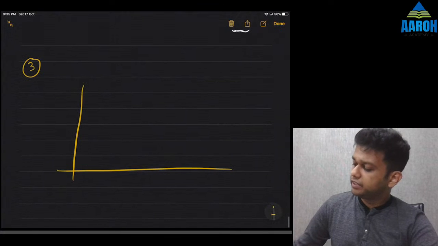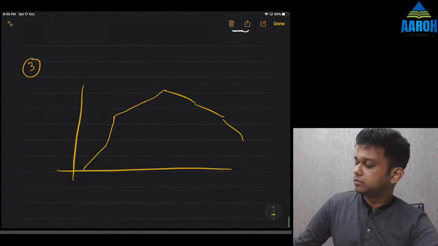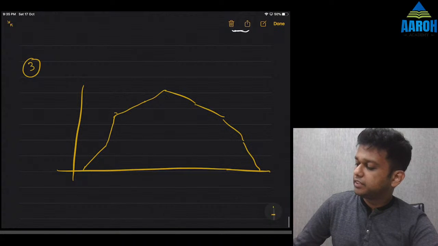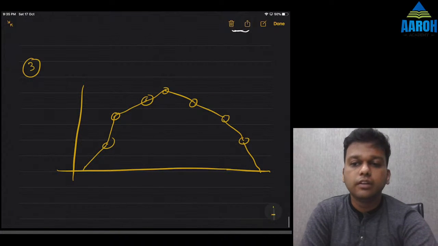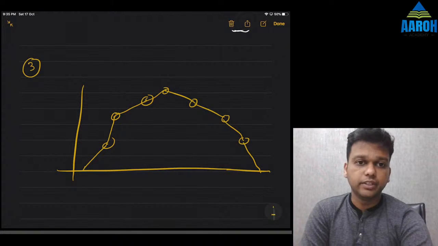Let me draw a frequency polygon for example now. Let's say we have a frequency polygon like this. Now understand very carefully.